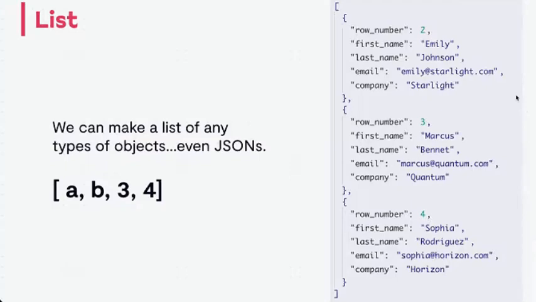Here we have the example JSON from earlier, separated by a comma, and then two more JSONs that form, well, a list of JSONs. As we can see here, we have the square brackets at the top, our first JSON, a comma, our second JSON, a comma, our third JSON, and then finally our last brace.